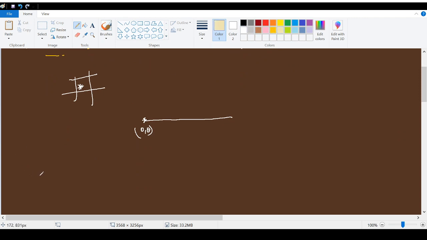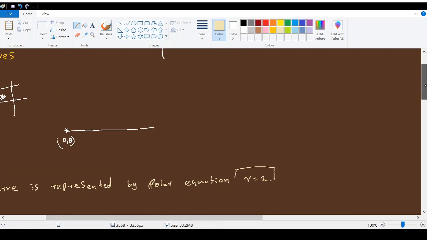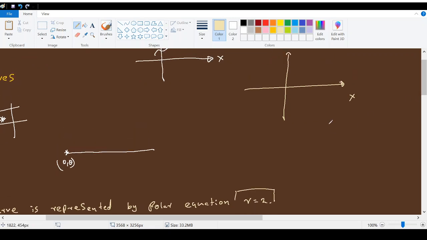Now suppose we are to plot this one: what is the curve represented by this polar equation? Now just for a moment, think about the Cartesian system. In the Cartesian system, if this is x and this is y, and we are supposed to plot the curve of y equals 2, then it will be a horizontal straight line passing through 2, right?